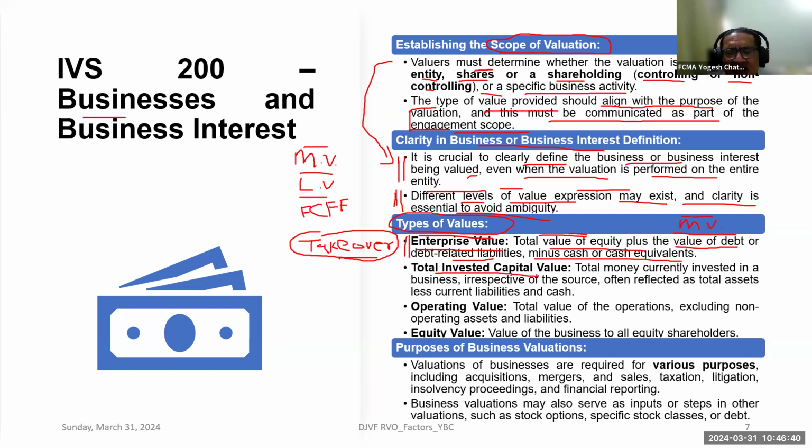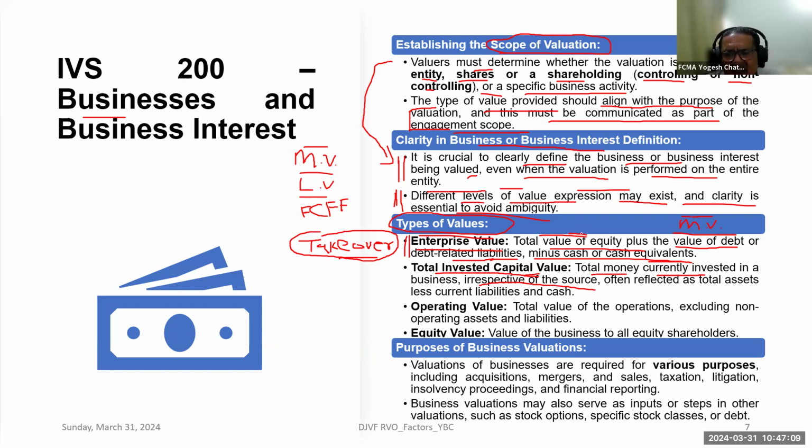The invested capital value is another method of valuation of business. Here, that is the total money currently invested. That is very vital: on the date of investment, what is invested in the business, irrespective of source. Irrespective of source means the capital structure of a company, which comprises debt and equity.